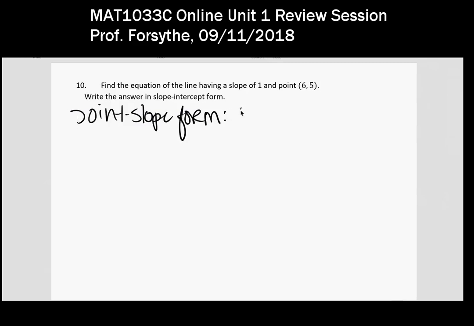The form is y minus y1 equals m times x minus x1. The m is your slope, and the x1 and y1 come from your point. Then x and y stay x and y, and you just simplify it to get it to slope-intercept form, if that's what you're trying to do.